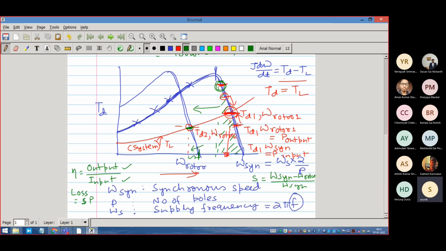We have changed the synchronous speed, not by changing the poles, but by changing the frequency of supply. So we again get good efficiency because the slip is again low.